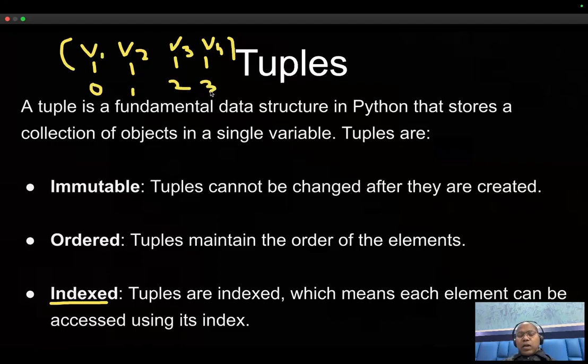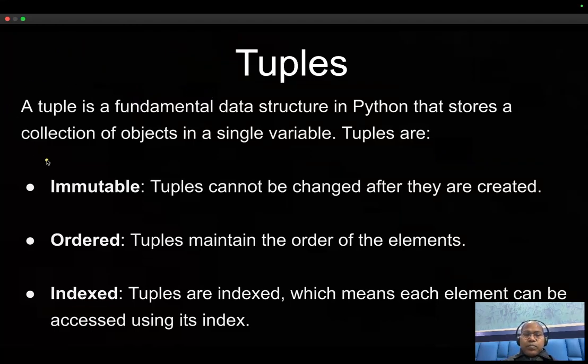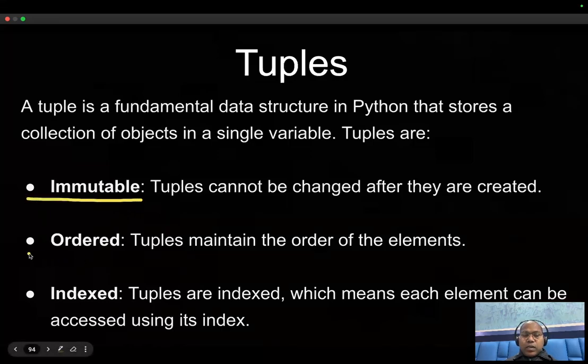So tuples are also index based. This means you can access the elements via their indexes. So these are the three key points: immutable, ordered, and indexed.